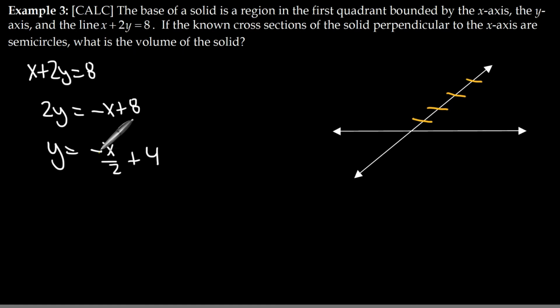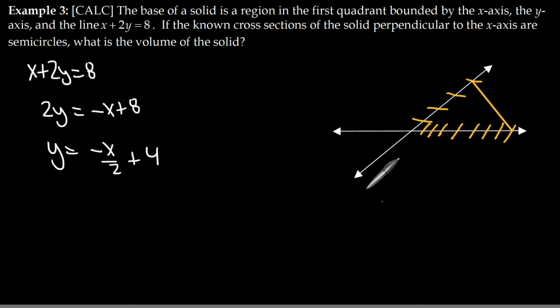There's a negative in front of that, so 4 minus 4 is 0. So let me go ahead and draw those. 1, 2, 3, 4, 5, 6, 7, 8. All right, so this is a line, so we'll just connect these. All right, so that is our region in the first quadrant. That's the base. That's the bottom of our loaf of bread.